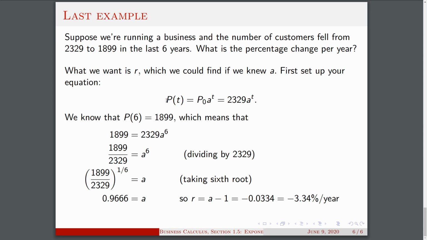I just wrote the form of my function, and I filled in what I knew, and then I plugged in an xy coordinate. This coordinate here that was given after 6 years, the function was 1899, and I reduced my function to just an equation with one variable, and then I just solved that.